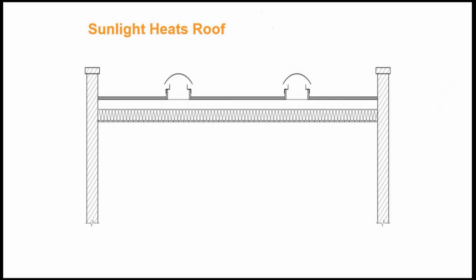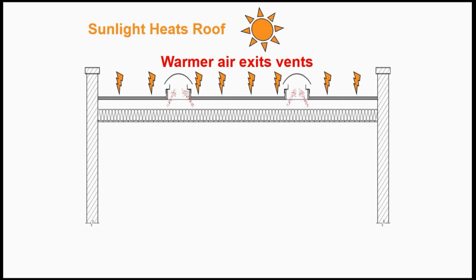What happens is, you can see this is a sort of graphical representation of the roof system with the large roof vents they had. When the sun comes down, it basically heats the roof, and the air will then come out of these vents.